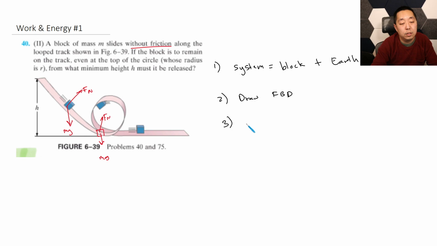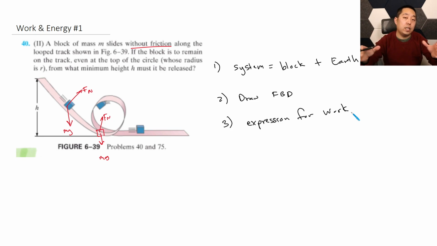Step 3, compute or set up an expression for work. So some rules about work here. For work, the force has to be parallel to the displacement, and that's what you're going to compute. If the force is perpendicular to the displacement, it doesn't do any work.